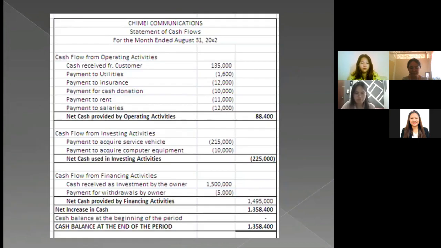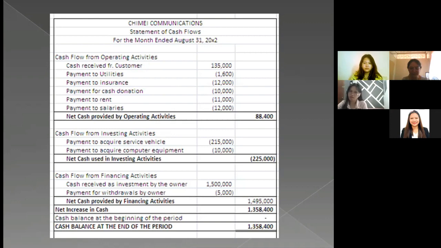So, cash received as investment by the owner na 1,500,000. Cash inflow yan. Tapos, yung payment for withdrawals by owners na 5,000 cash outflow. Kaya 1,500,000 less the withdrawals na 5,000. Kaya nakuha natin yung 1,495,000 na net cash provided by financing activities.